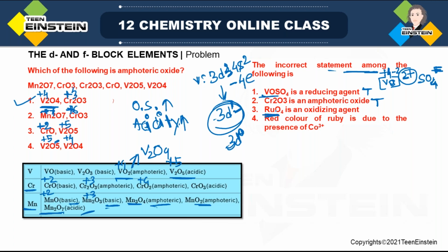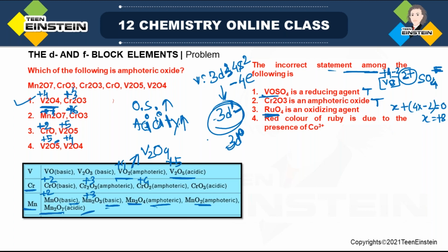Each oxygen is -2, so 4 oxygen is -2 into 4, that is -8. So the equation will be X plus 4 into -2 equal to 0. So what will be the value of X? X plus 4 into -2, overall 0. So X is 8.